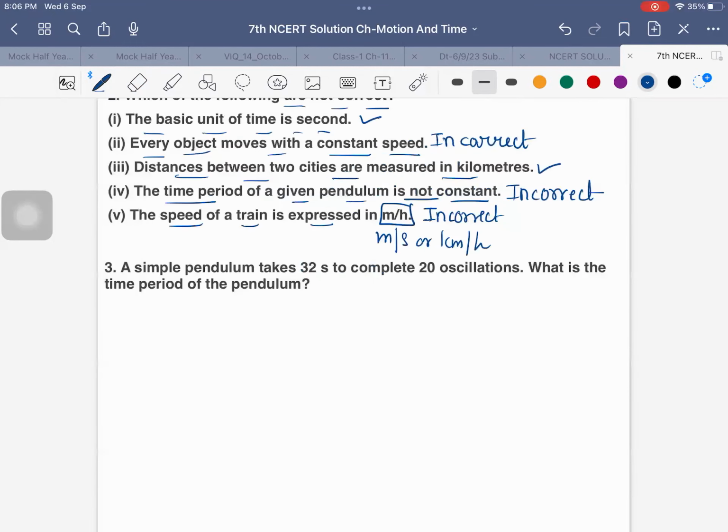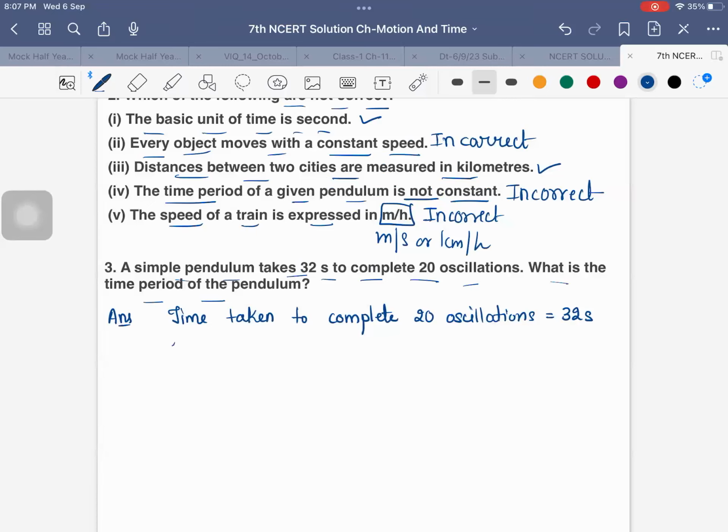Next, a simple pendulum takes 32 seconds to complete 20 oscillations. What is the time period of the pendulum? So, time taken to complete 20 oscillations is equal to 32 seconds.